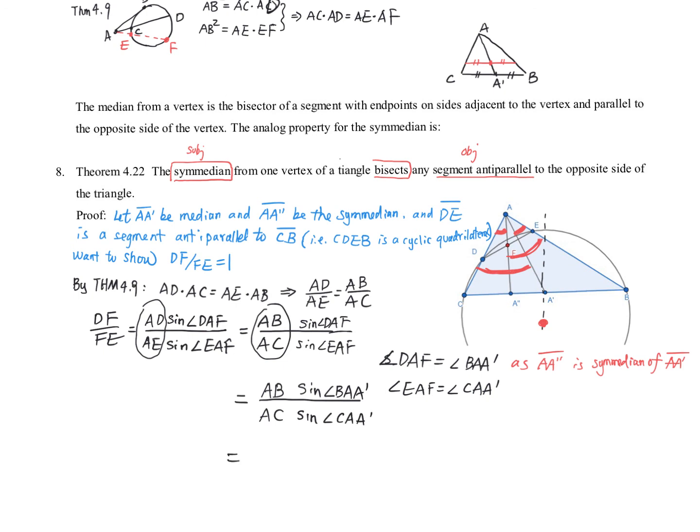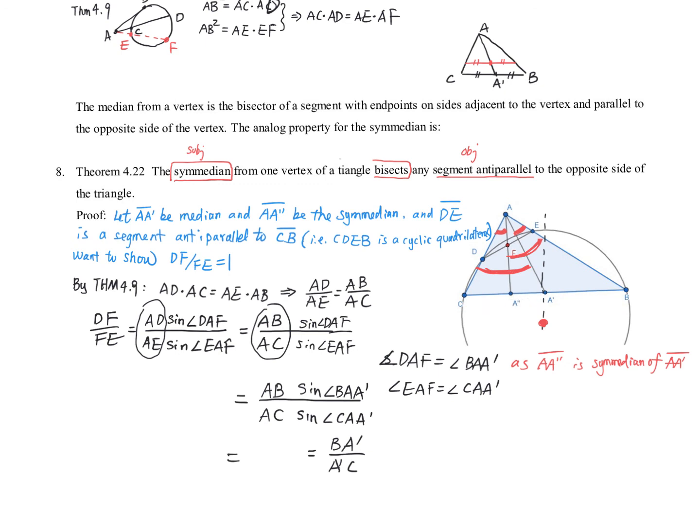And now if you look at this big triangle, AB times sine of this angle BAA prime, over AC times sine of this angle, isn't that, according to problem number 4 we just proved, equal to BA prime over A prime C. It's this corresponding side and this.